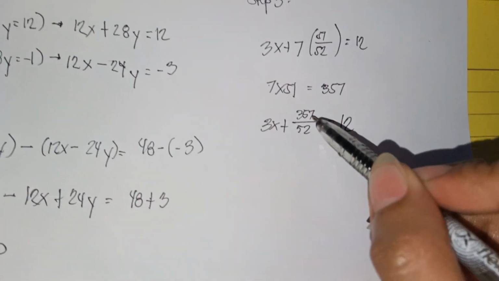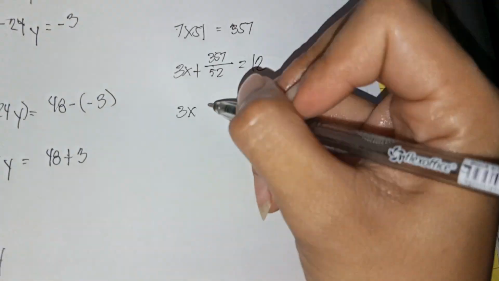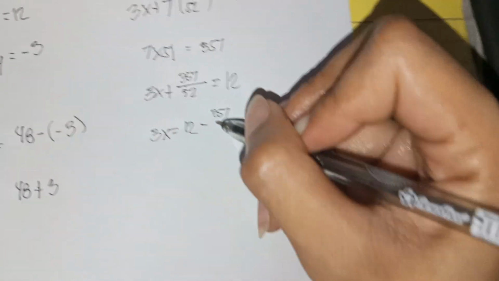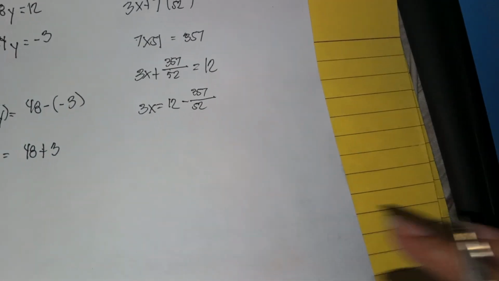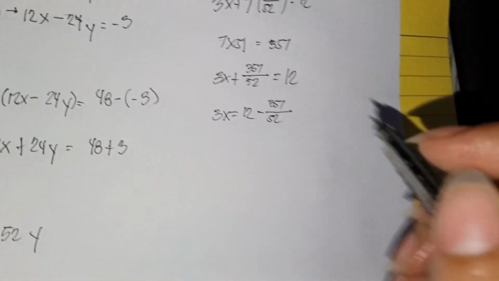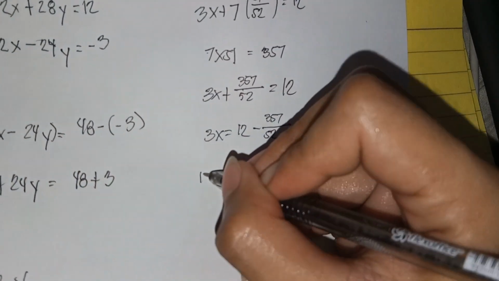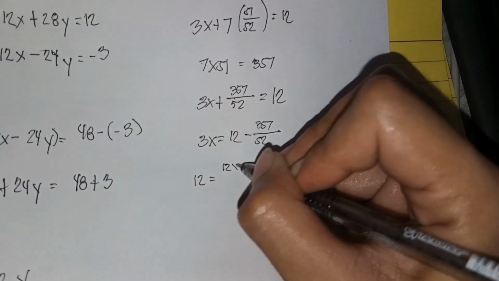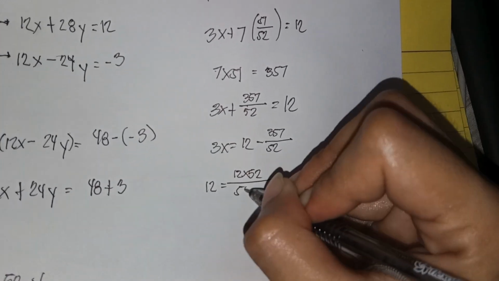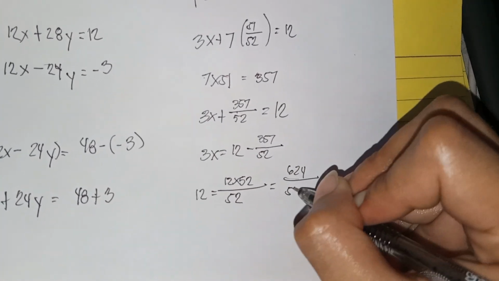Then we're going to move the fraction to the right side. 3x equals 12 minus 357 over 52. And we're going to convert the 12 to a fraction with the denominator 52, so we can subtract. 12 times 52 over 52 equals 624 over 52.